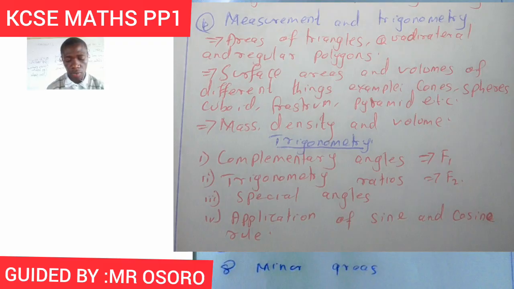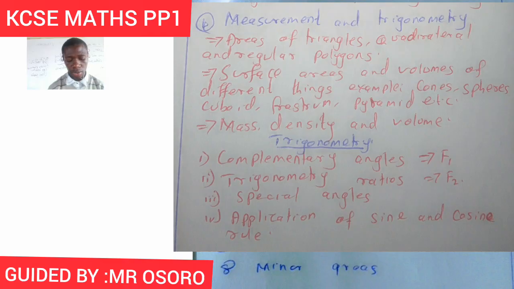This is a topic in Form 2. Ensure that under measurements, especially things to do with areas, volumes, and surface areas, you know the exact formula. We'll be going into that, but just as an overview, know that this area is tested in Paper 1, and most of these questions form the bulk of Section A. So ensure you have enough preparation for this area.